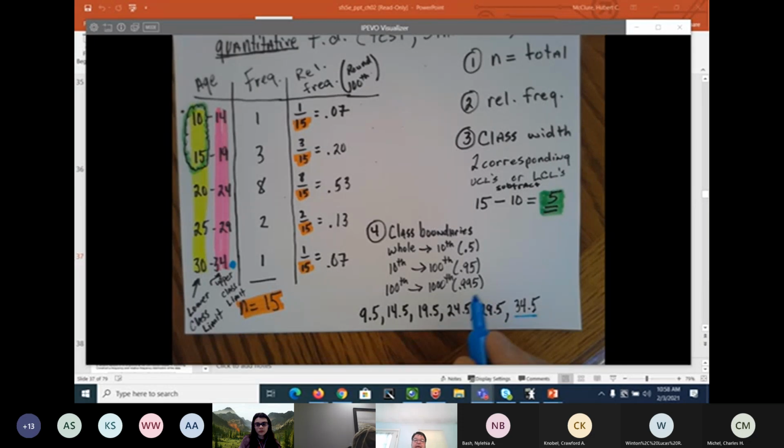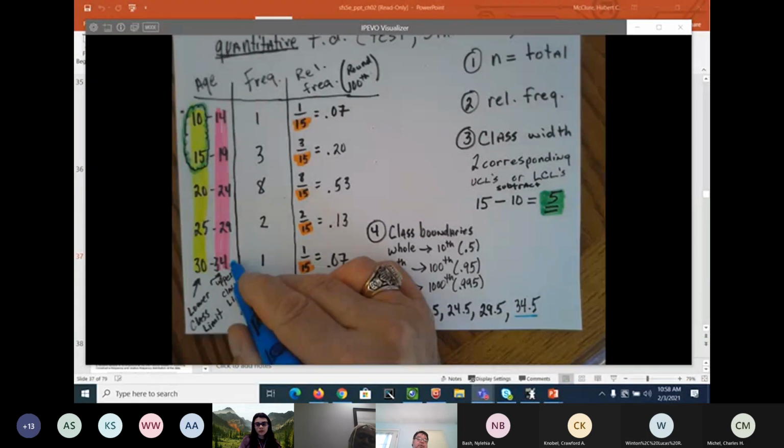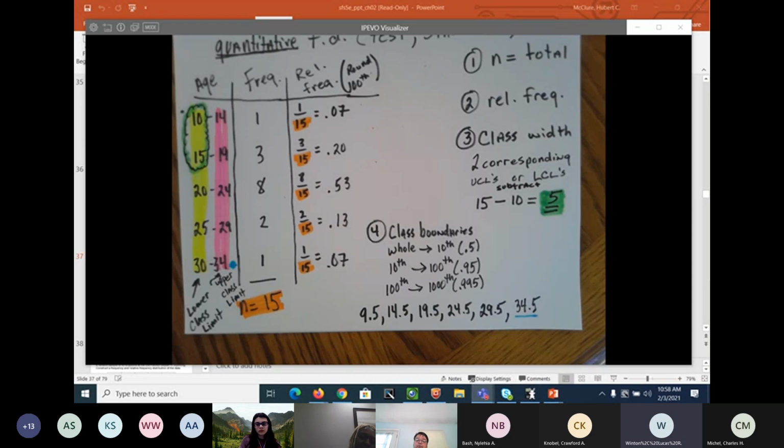You get to the 5th blank, and there's an extra blank out here. They're wanting that number that comes after the class boundary that's after 34, which would be 34.5. Sometimes a question will not ask that, and they just want the class boundaries that start right here before the number. What number comes before 20?